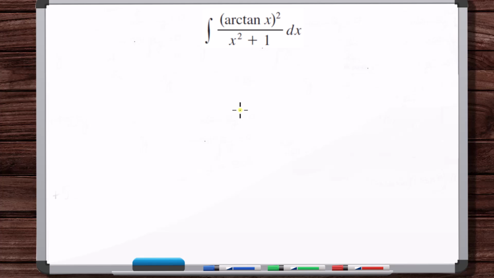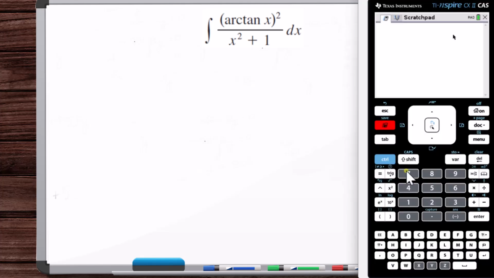Okay. Here, so I want to say the derivative of arc tangent of x is like 1 over x squared plus 1. So arc tangent x. Yeah.